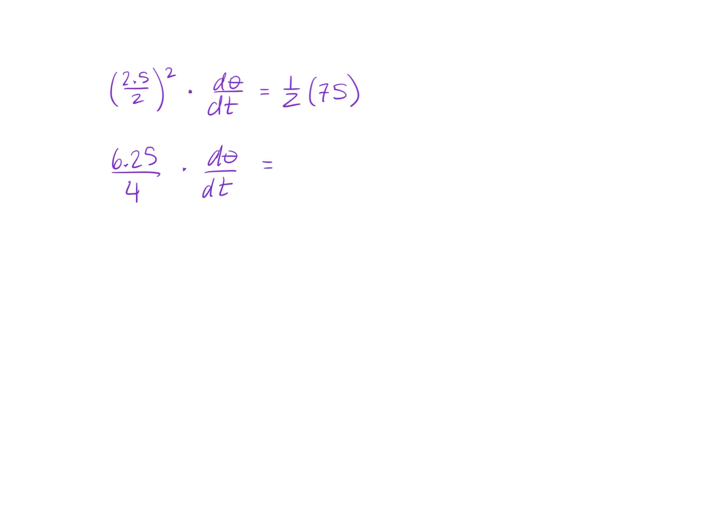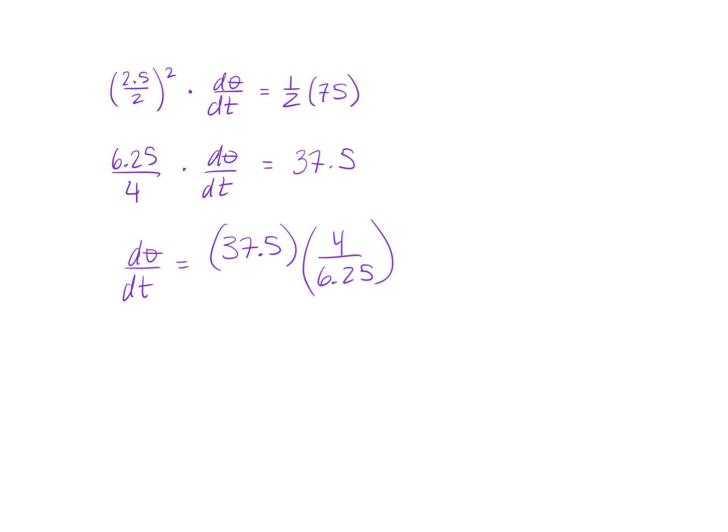And half of 75 is 37.5. And so I'm just going to multiply both sides by 4 over 6.25. So dθ/dt is 37.5 times 4 over 6.25. And that comes out to 24.